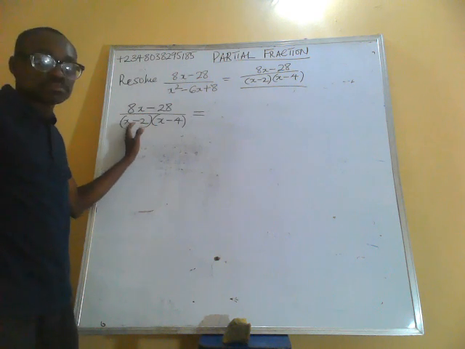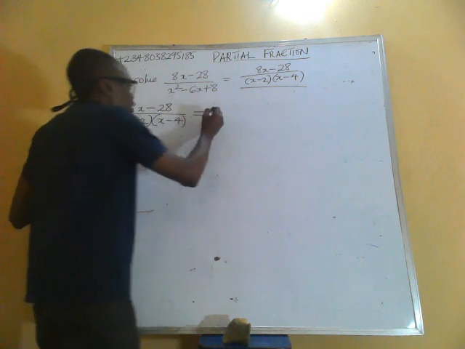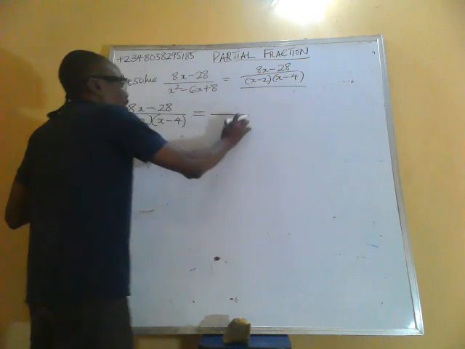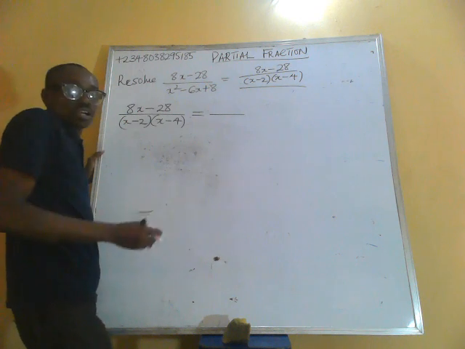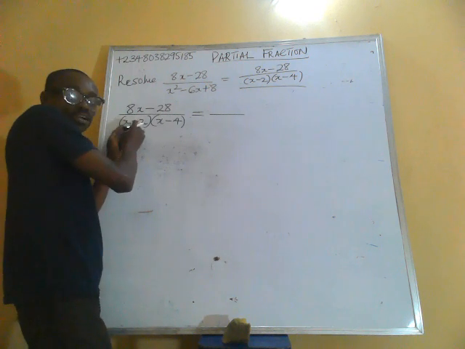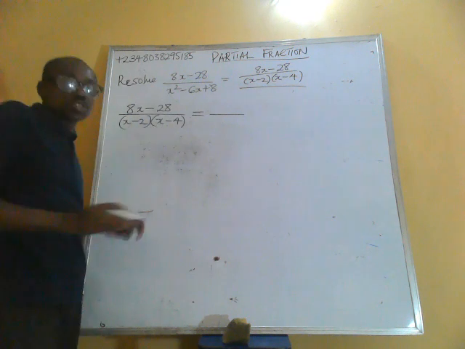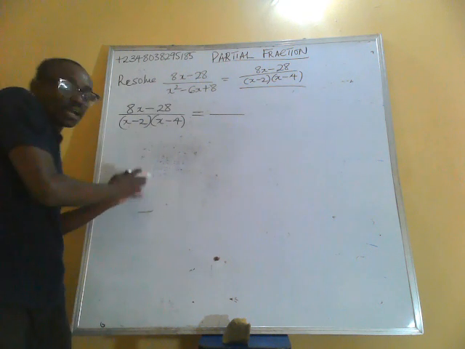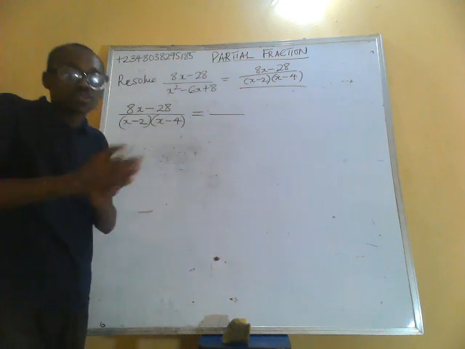So to resolve the partial fraction, this is your left hand side. We have two factors here, x minus 2 and x minus 4. So your partial fraction is going to have the factor x minus 2 on one side and the other factor x minus 4 on the other side.